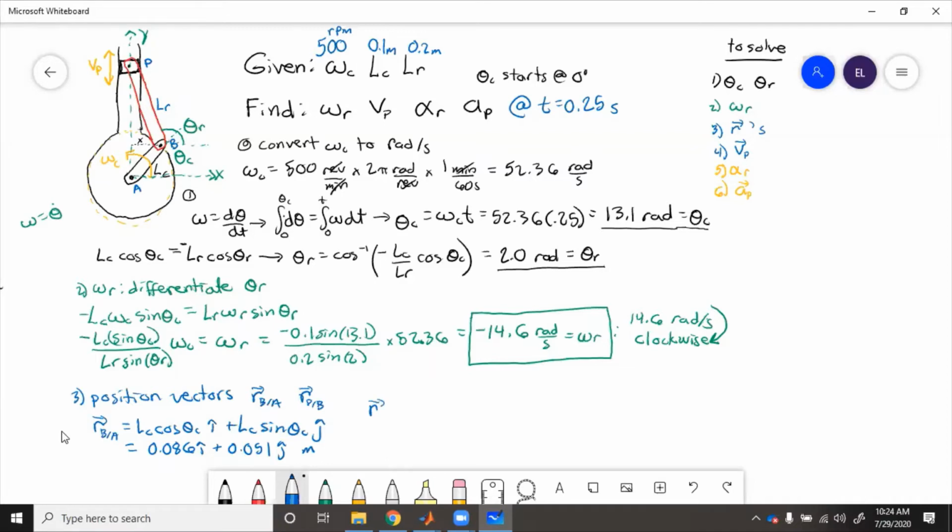Then our P with respect to B, that's just going to be the position of the rod right here.